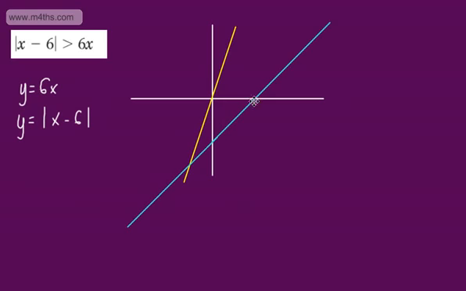When we have the modulus, we end up reflecting in the x-axis. So the modulus of x minus 6 is going to be a reflection like so. We can now draw that on there, and get rid of the old one.